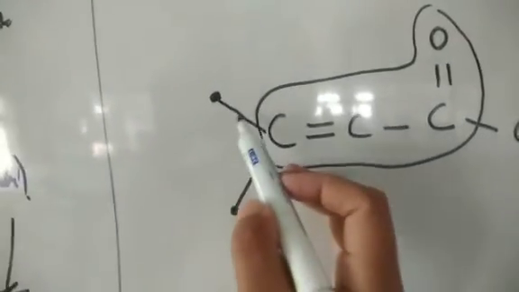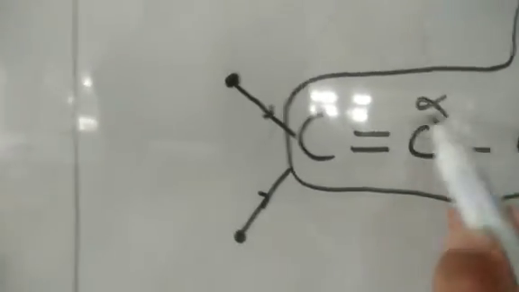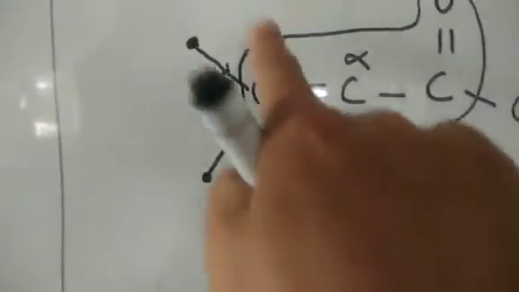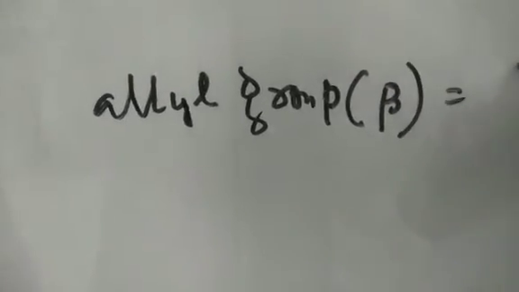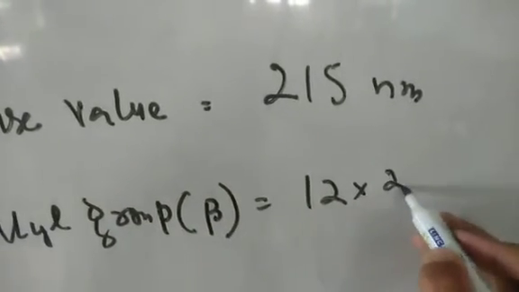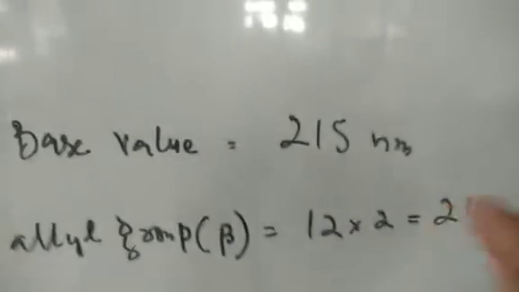Now look, we have substituents, one and two here. Substituents can be at the alpha position or the beta position; here the substituents are at beta. Now for each alkyl group present at the beta position, the contribution is 12. We have 2 such groups, so 12 into 2 is 24.